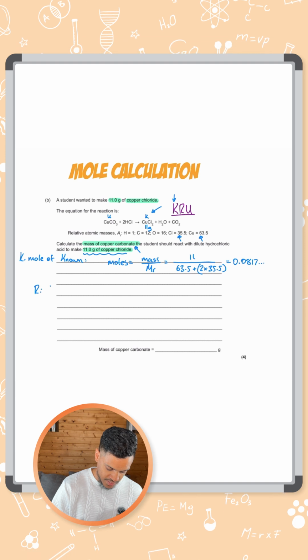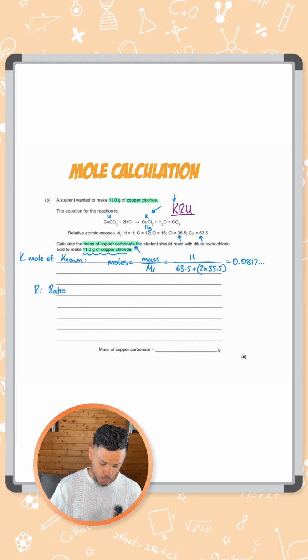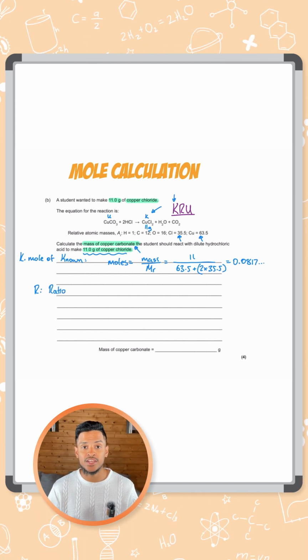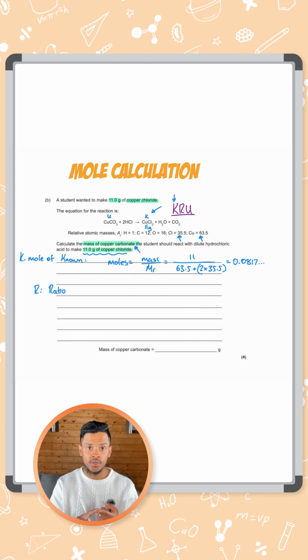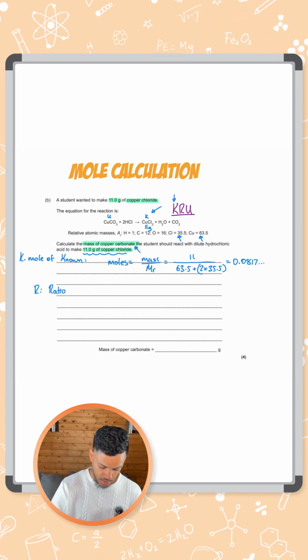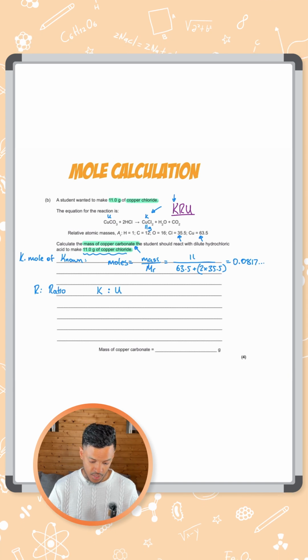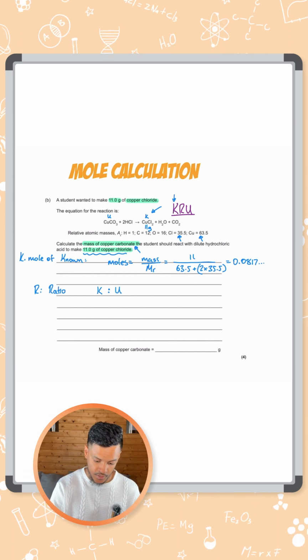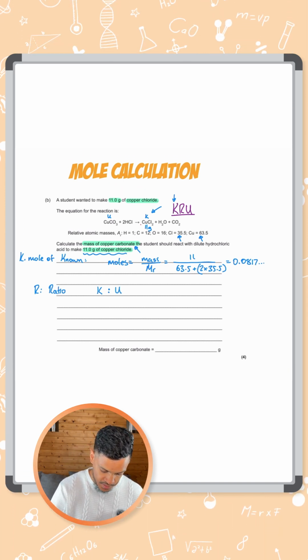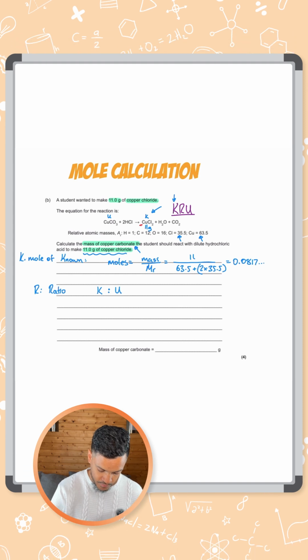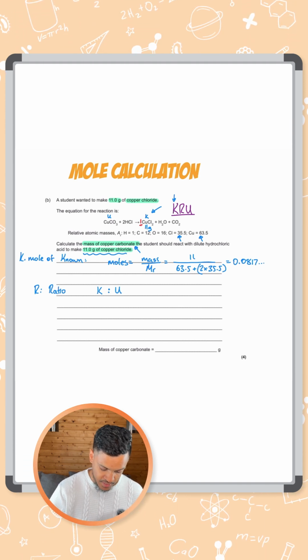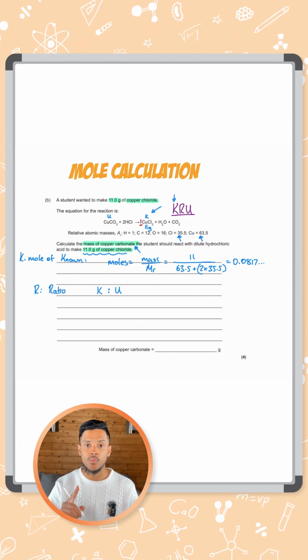Our R stands for ratio. What we want to do is write the ratio of our known to our unknown. Our known, which is our K, to our unknown, which is our U. So what you need to do there is look at the numbers in front of these. Copper chloride doesn't have a number in front. If a balanced equation doesn't have a number in front, it means it's just 1.